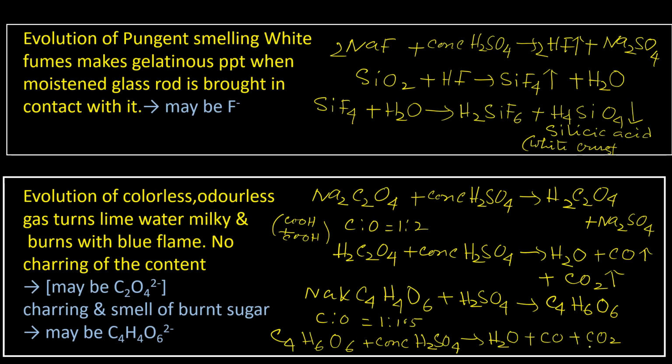Carbon monoxide burns with a blue flame. Carbon dioxide turns lime water milky. Plus, the carbon is not completely oxidized. That leftover carbon will reduce the sulfuric acid, and reduced means sulfurous acid. You'll get the oxide of sulfurous acid, that is sulfur dioxide, plus other products. So this will be the observation for tartrate.